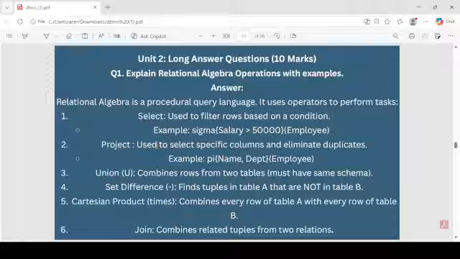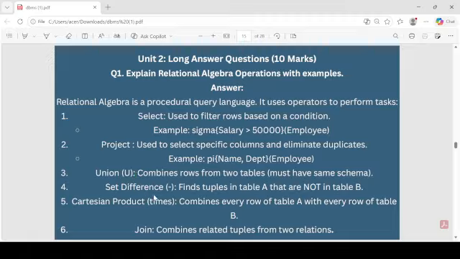The next will be projection, which is used to select specific columns and eliminate duplicates. So there we will use pi. All right. Union is used to combine rows from two tables, so they must have the same schema.